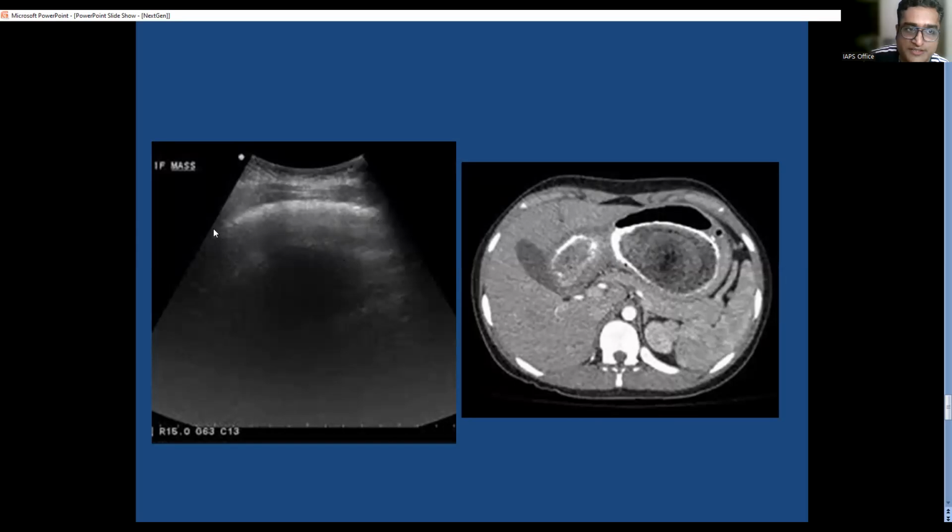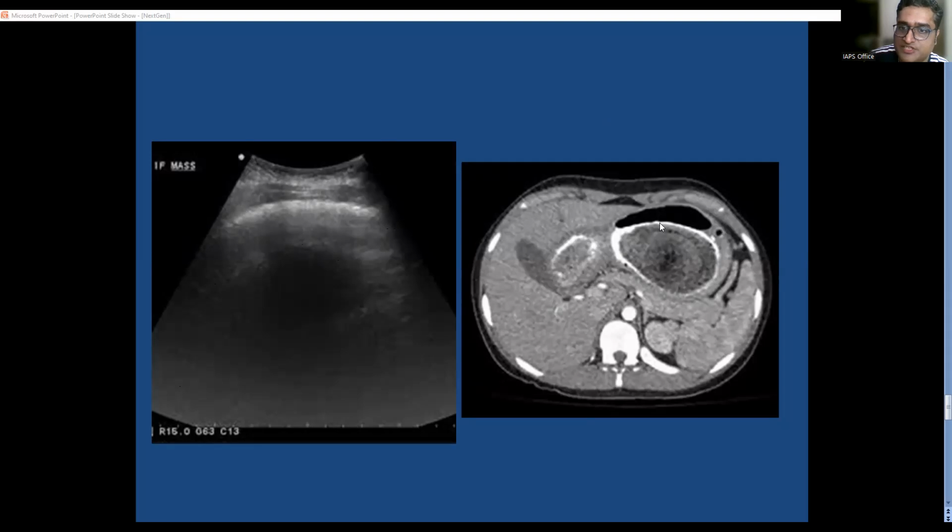So what you see here is a linear arc of hyperechoic lesion. Post-acoustic shadowing all over. You can't see anything behind that. This is a hint. Linear arc of hyperechoic shadow with nothing seen behind it. Post-acoustic shadow is there.